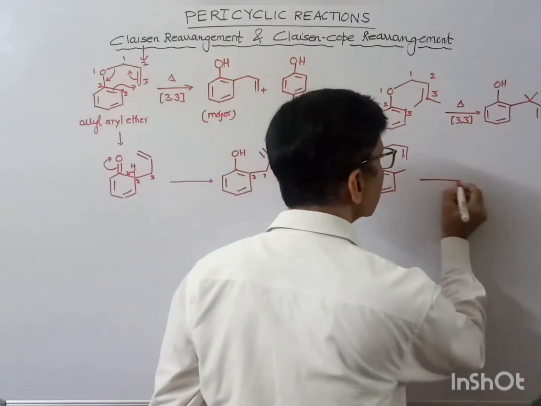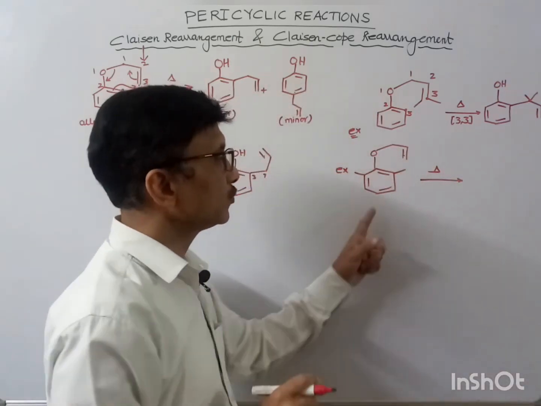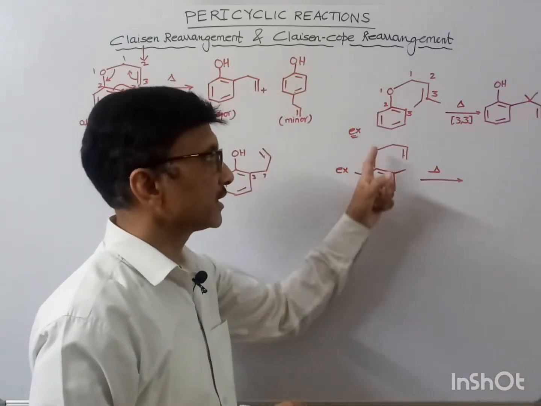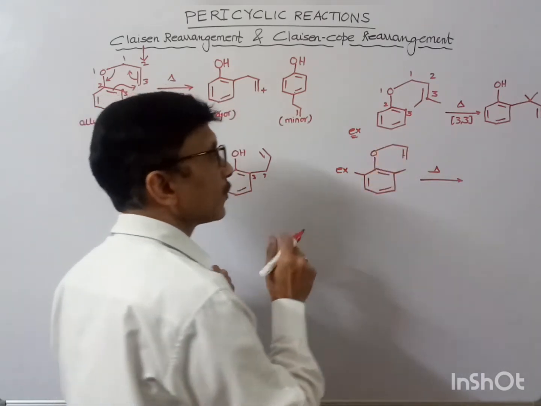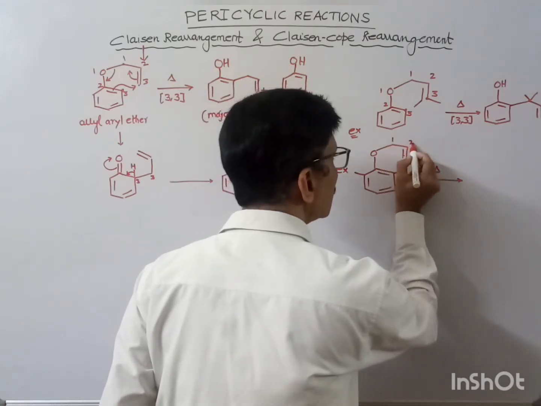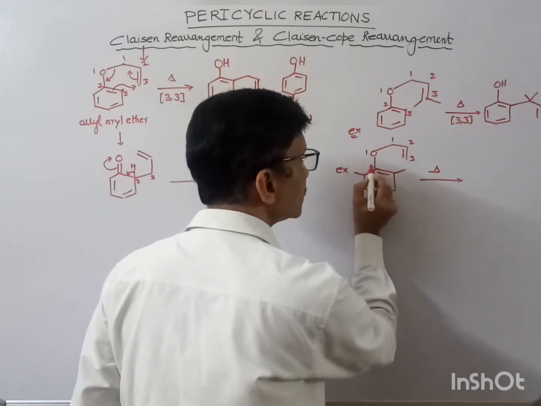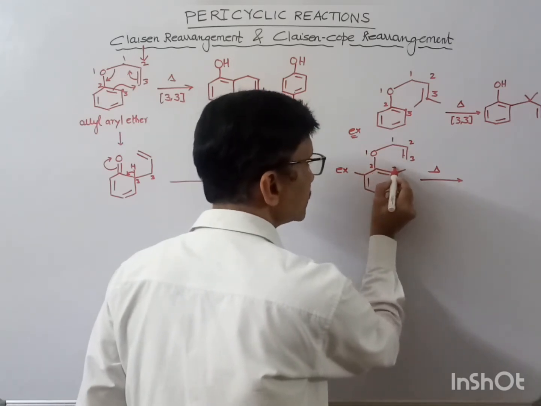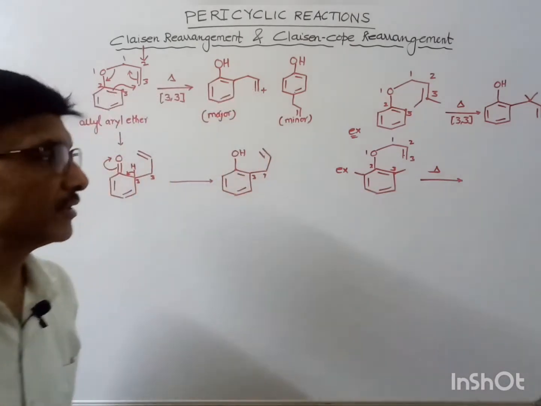In that case, this allyl group will only migrate to the para position. If you want to write the mechanism, again we give the numbers 1, 2, 3, and this oxygen is given number 1, this is 2, and this may be written as 3, or this may also be written as 3.